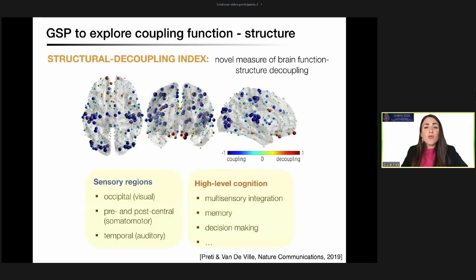If we look at this structural decoupling index shown here, we can see that the decoupling of structure and function changes across the brain depending on the specific functional network the region is in. For example, lower level primary sensory regions appear to be more often coupled with the structure, represented here in blue, while higher level cognition regions appear to be more often decoupled from the structure, towards red here.